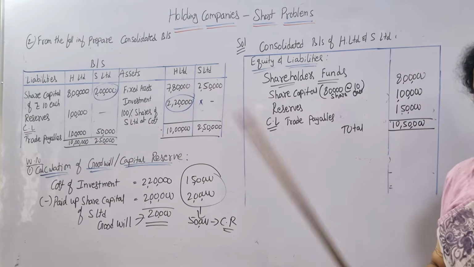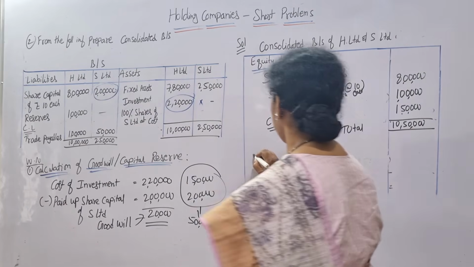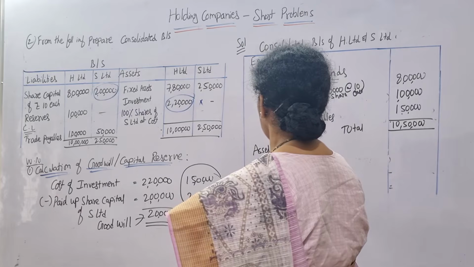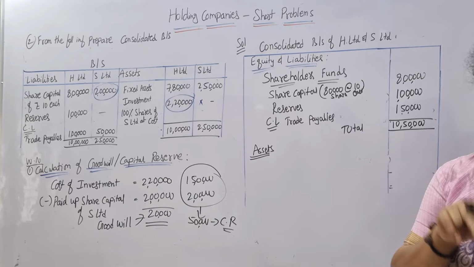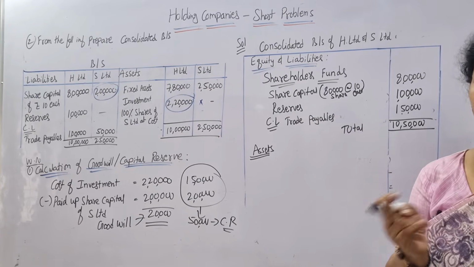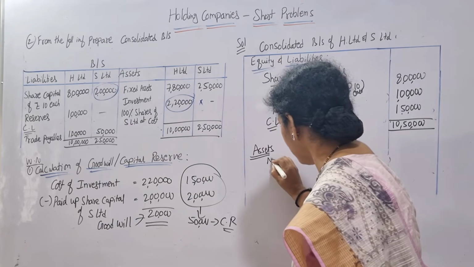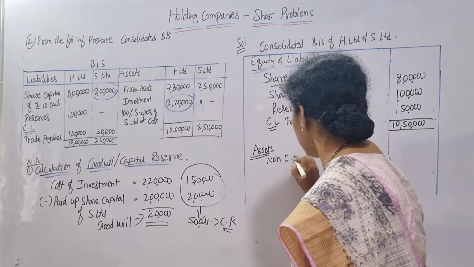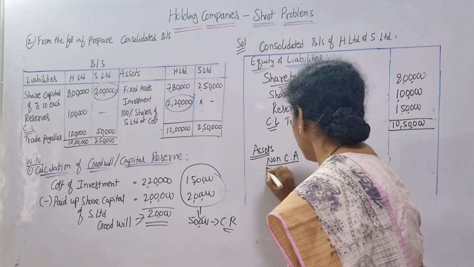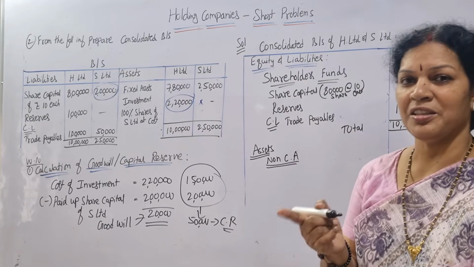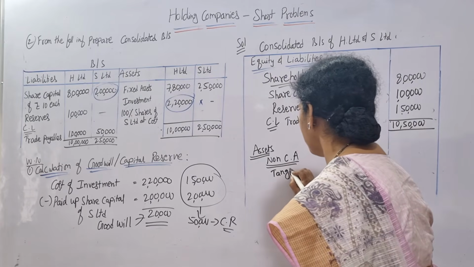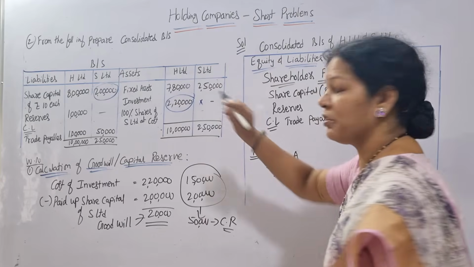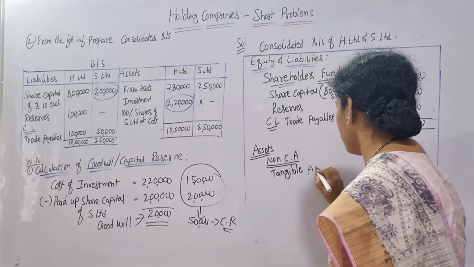Liability side is over. Now let's focus on the asset side. Assets will have non-current assets and current assets. Under non-current assets, tangible assets and intangible assets. Tangible assets means fixed assets here.